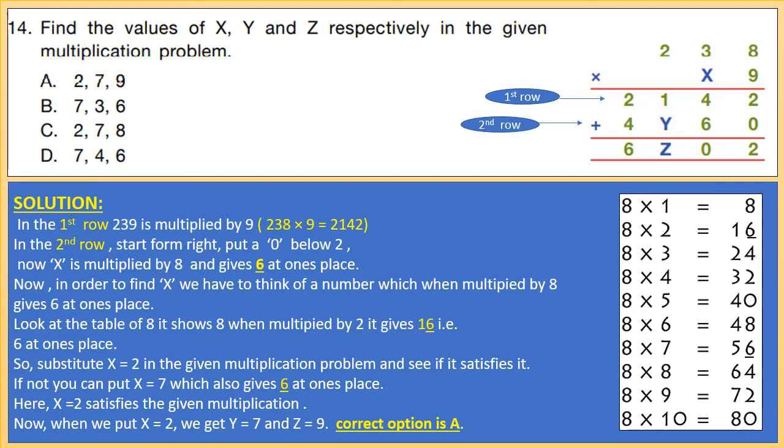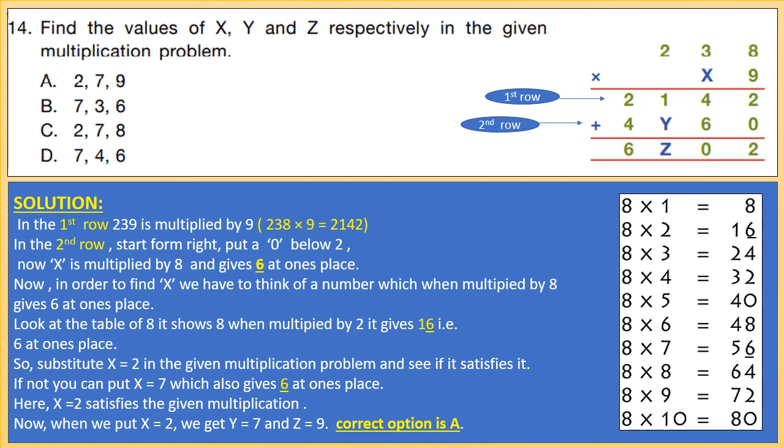Now x is multiplied by 8 and gives 6 at ones place. Now in order to find x, we have to think of a number which when multiplied by 8 gives 6 at ones place. Now look at the table of 8 on the right side. It shows 8 when multiplied by 2, it gives 16, that is 6 at ones place.